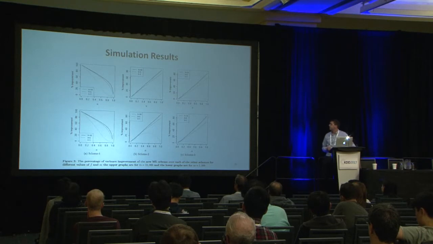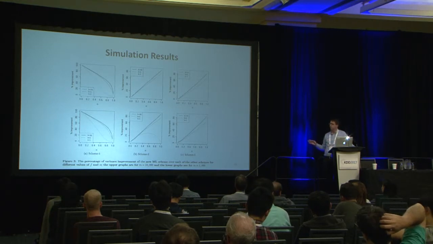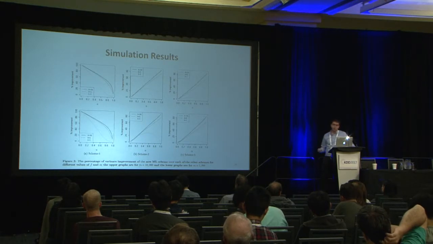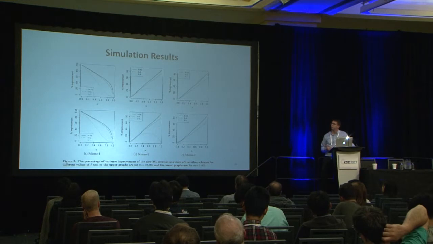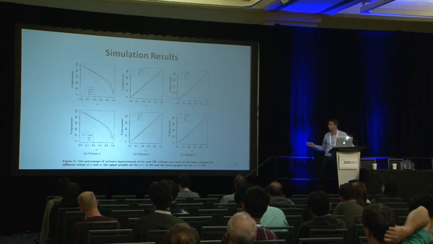So in this slide, we can see the simulation results of the percentage improvements of our new scheme versus each of the 3 previous schemes. Each column is showing the improvement of our new scheme versus one of the schemes, either scheme 1, 2, or 3.